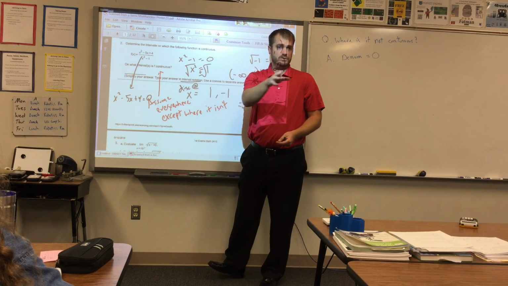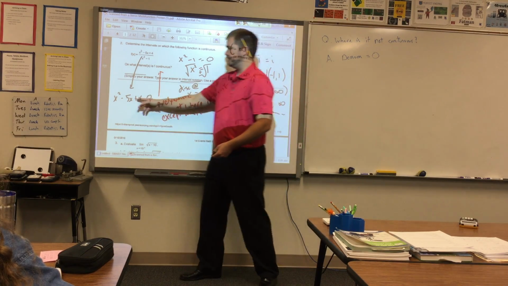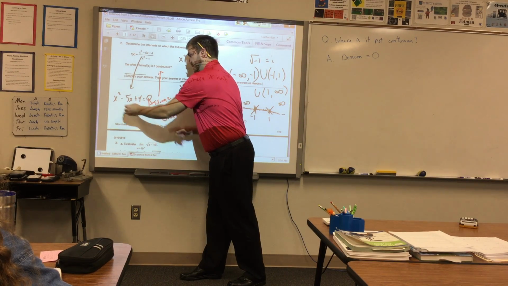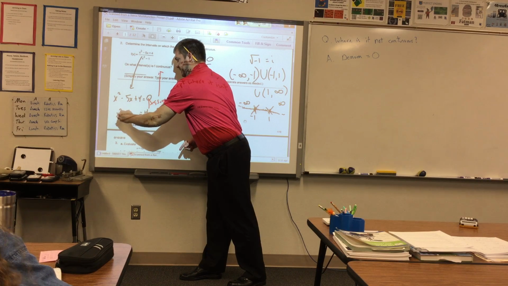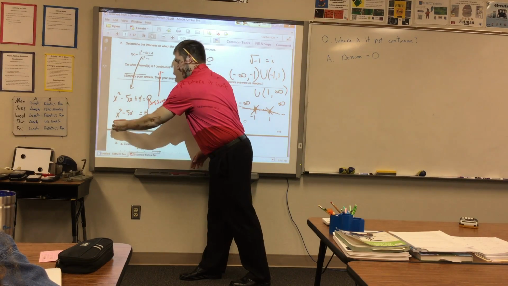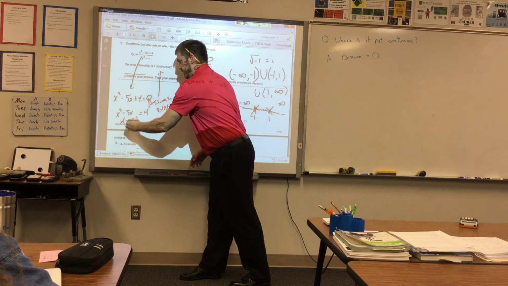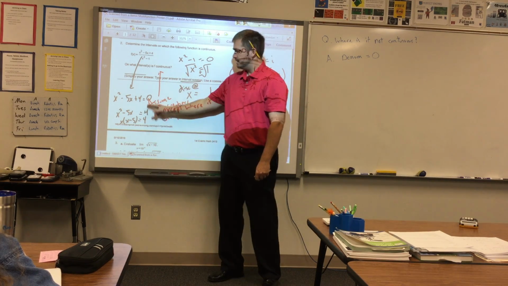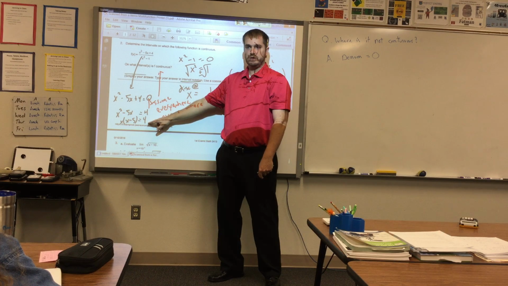I've talked with several of you where you've tried to put that 4 over to the other side, and then have x squared minus 5x, and then you've tried to factor that x out, and then you have x minus 5. You know who I'm talking to if I've had that conversation with you. Okay? This is the wrong way of solving a quadratic equation.